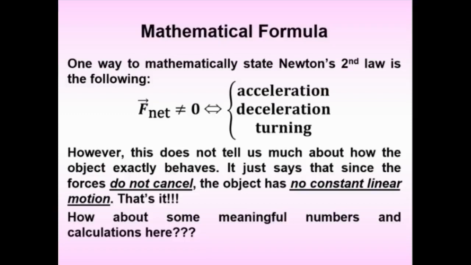I mean, physics is always the subject where you have equations that are so precise and accurate. They calculate so many things with very good precision. So this can't be all we can do. F net is not equal to 0 really has no variables or anything to it. So there's got to be another equation. There has to be another equation that is the building block of what? Of Newton's second law.